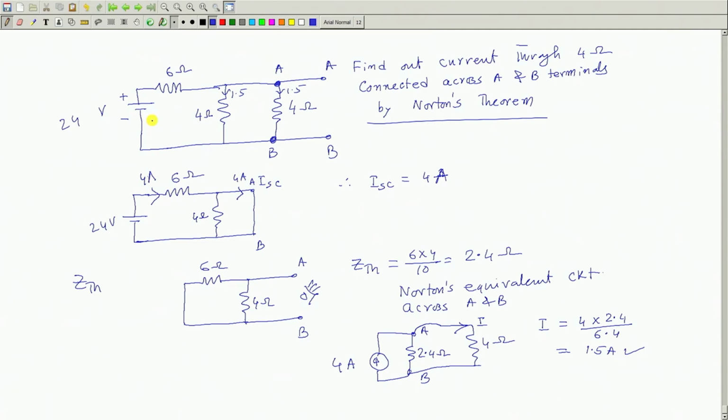I can ask you that from this network 2 terminals come out, here I will connect some impedance Z. Then what will be the Norton's equivalent network looking from this AB? Then do not remove this 4 ohm, consider it to be internal to the network, then short it, get the short circuit current. And while finding out the Z Thevenin's, find out the Z Thevenin's retaining this 4 ohm as well. I think you have understood the point, what I mean to say.